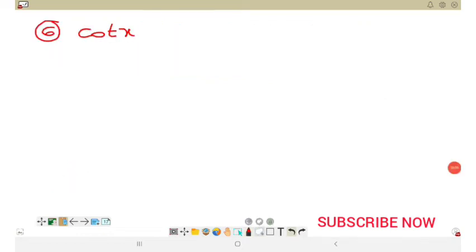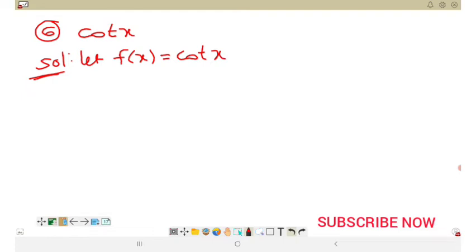Next, cot x. Find the derivative of cot x from the first principle. Let f of x equal cot x, and f of x plus h is equal to cot of, substituting x equals x plus h.